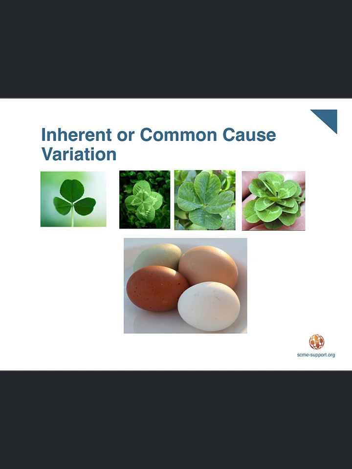When chickens lay eggs, the size, thickness of shell, color of the yolk, number of yolks, and the color of the shell all vary from egg to egg and from chicken to chicken and with the same chicken. As consumers, we accept a certain amount of variability in our large, medium, and small-sized eggs because we know that this variation is natural, or, as we'll call it in manufacturing, common cause variation.